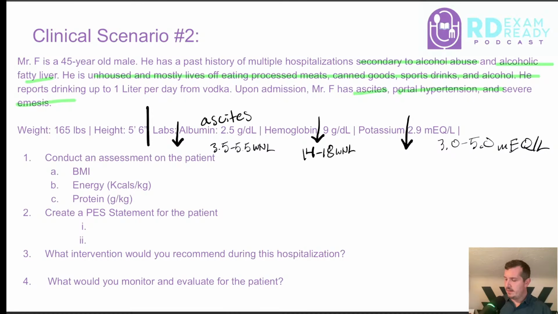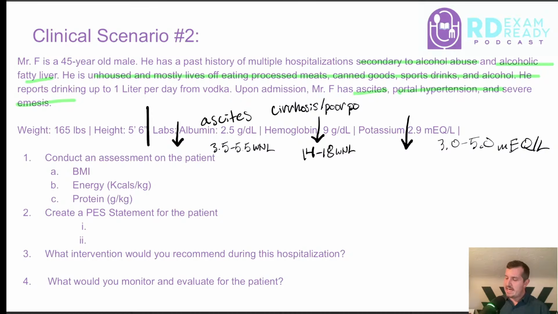His hemoglobin being low could be related to the cirrhosis, okay? It could be just poor PO. Obviously, if he has iron deficiency anemia, that could certainly be causing that too.